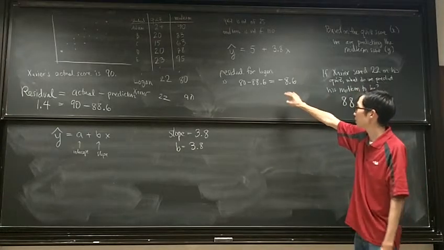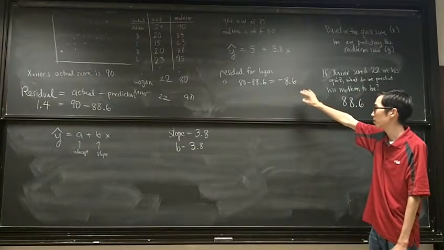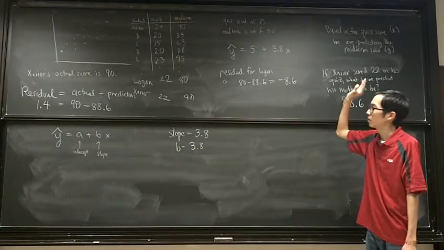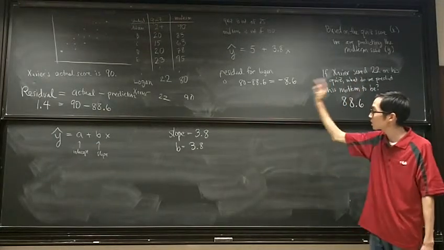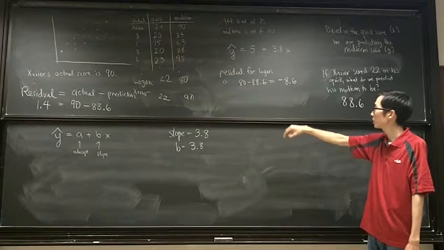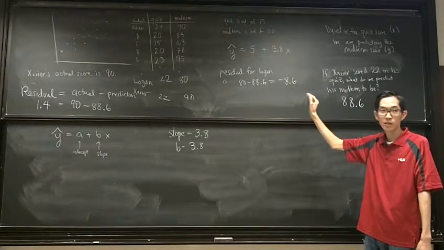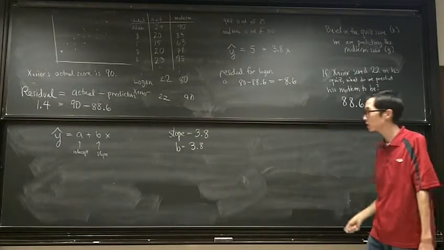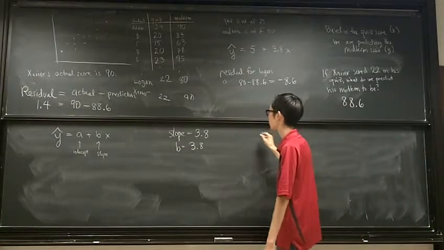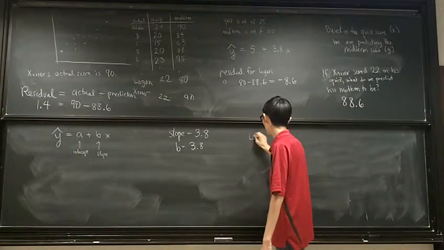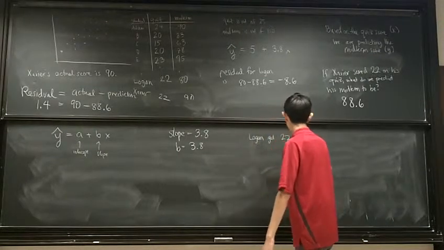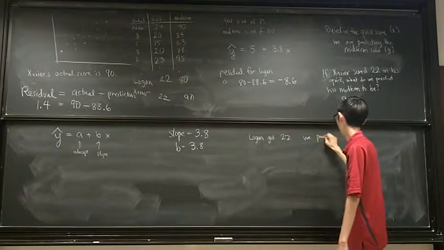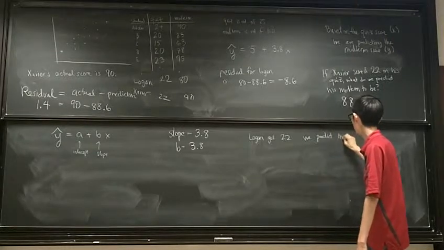Let's just pause for a second. Xavier got 22 on his quiz, and Logan got 22 on his quiz. Now what do we predict their midterm score should be? 88.6, right?